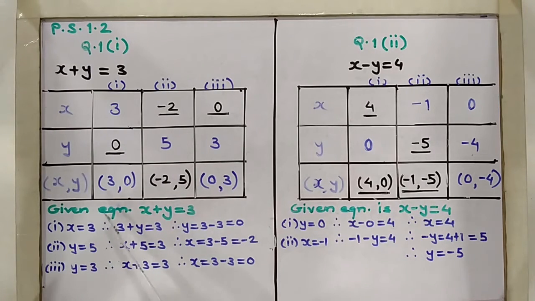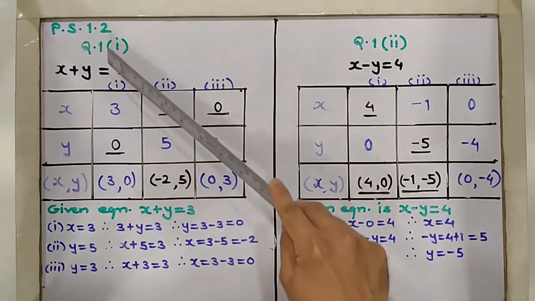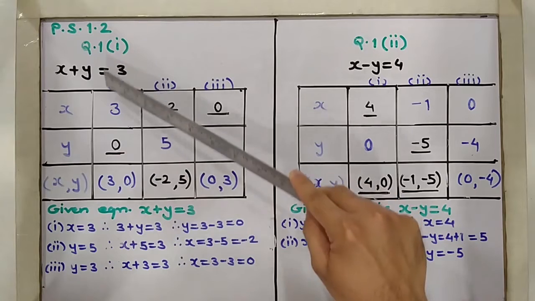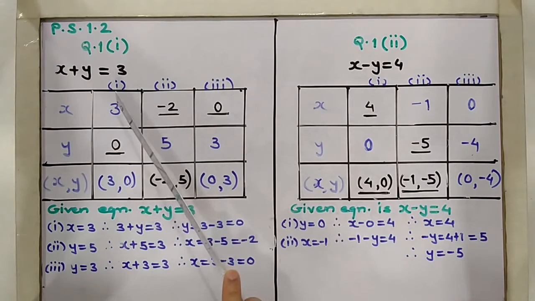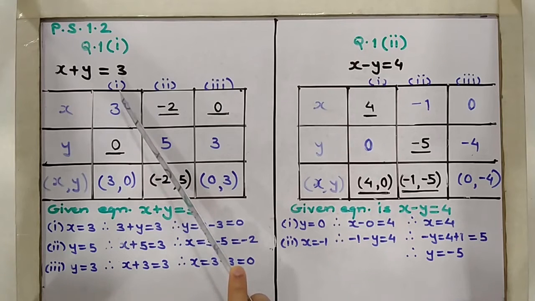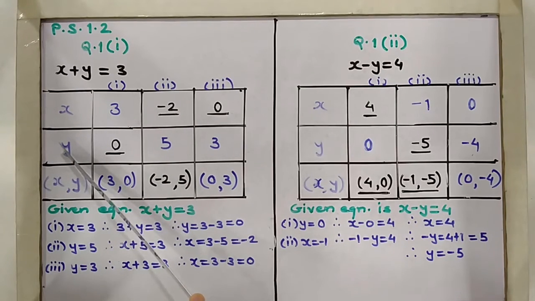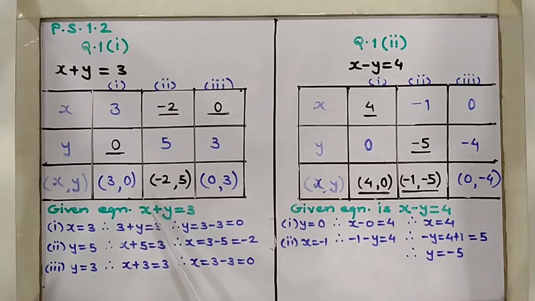Now the given equation is x plus y is equal to 3. Now look over here, we have been given the value of x as 3 and we have to find the corresponding value of y. Now the equation is x plus y is equal to 3, and x is 3, which means 3 plus y is equal to 3.